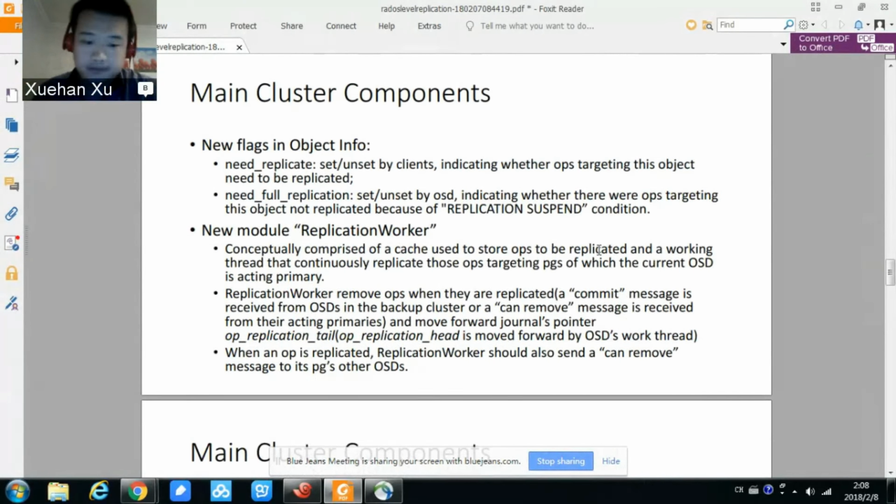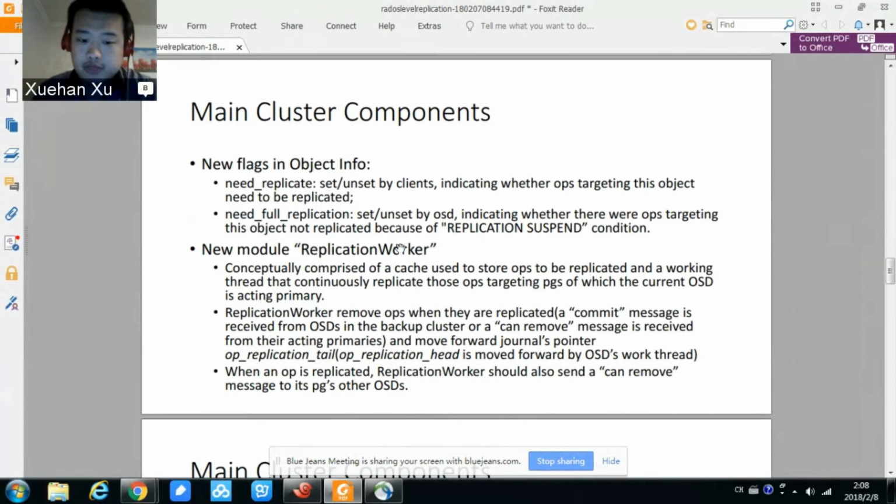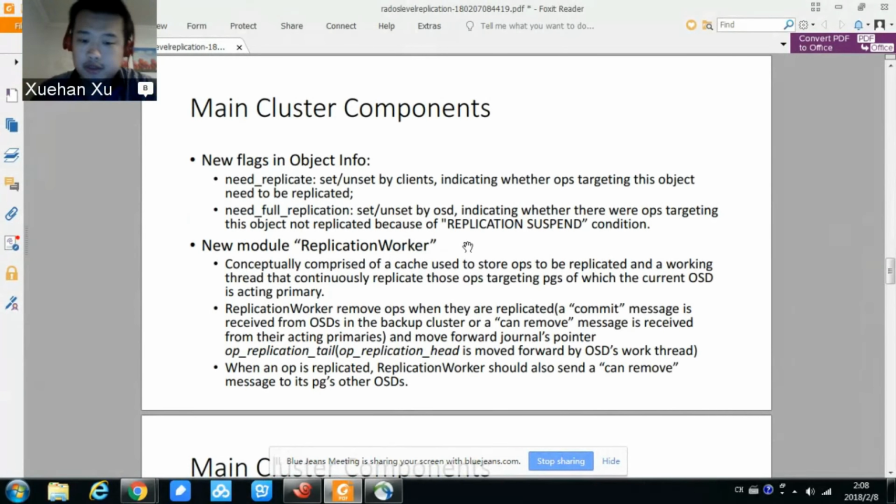And we think we should introduce a new module, replication worker. The main purpose of this module is to keep replicating liberated ops to the backup cluster, and conceptually it should comprise a cache used to store ops that need to be replicated, and a working thread that continuously replicates those ops targeting PGs of which the current OSD is acting primary.